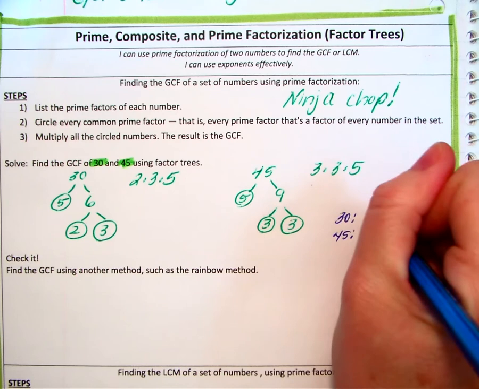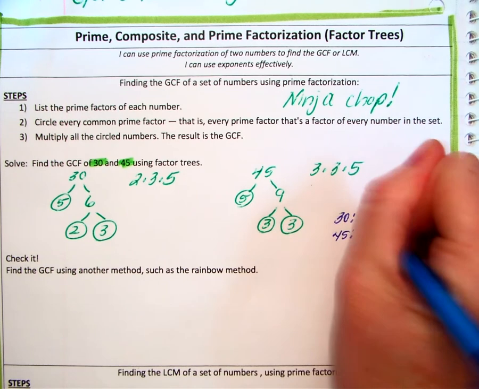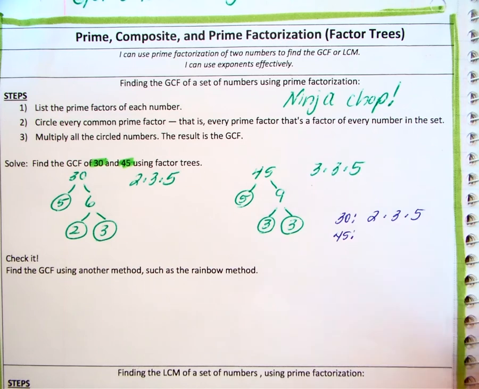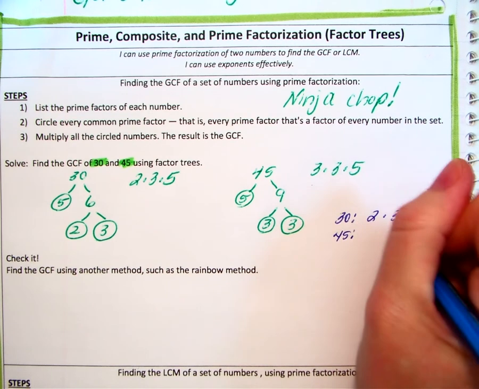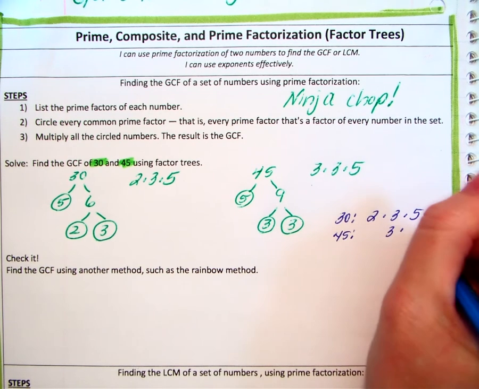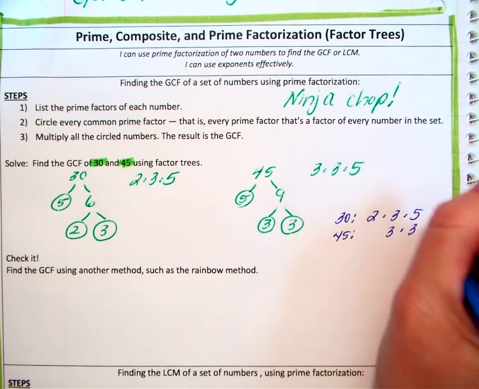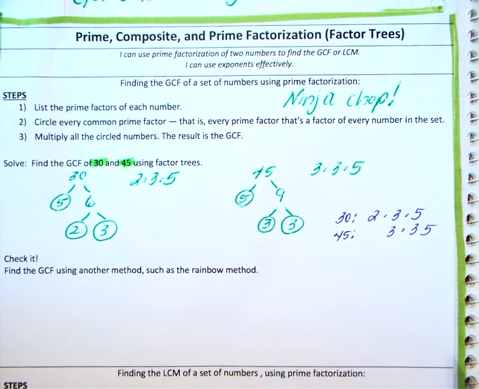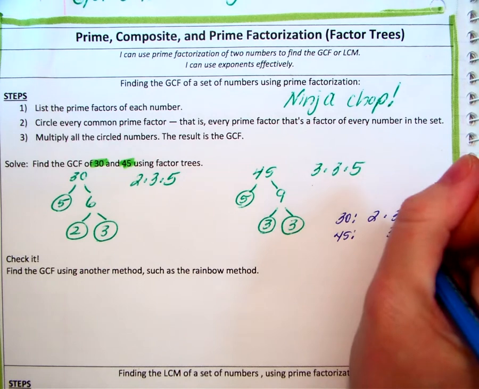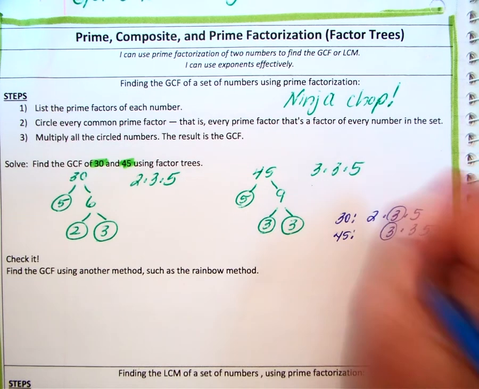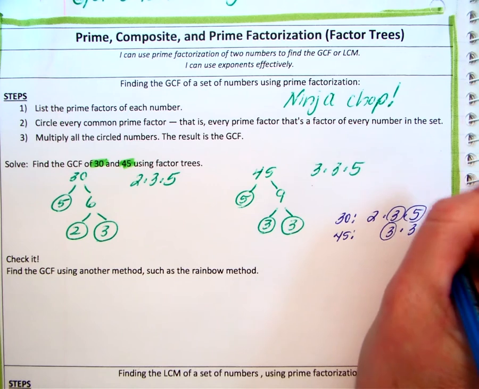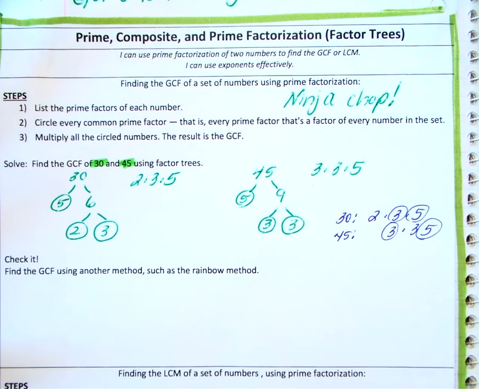And 30 is 2 times 3 times 5. And 45 is 3 times 3 times 5. Notice that there is no 2, so 2 can't be a match. They do share 3. They don't have a second 3, but they do share 5. So I just line them up so it's easier for you to find who they share.